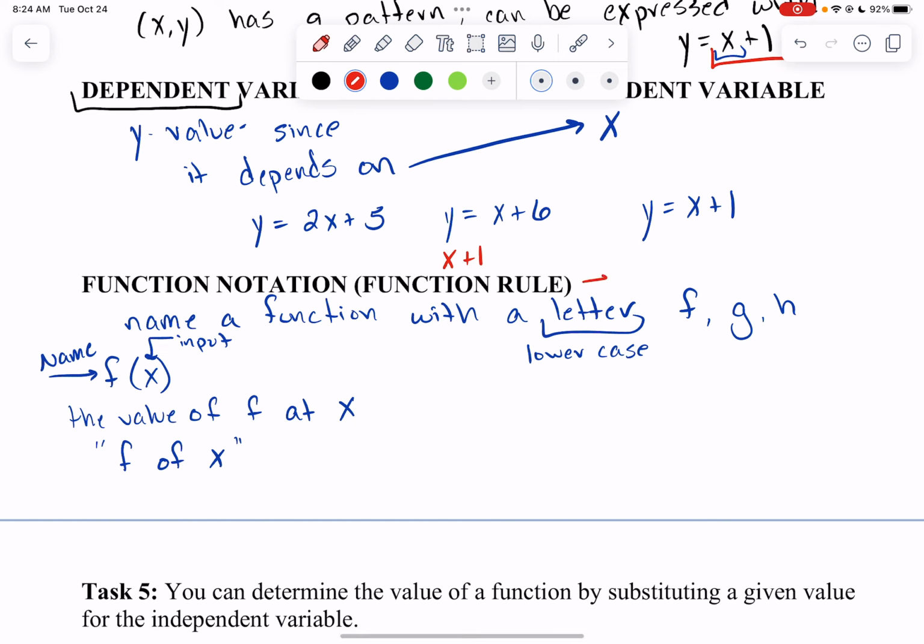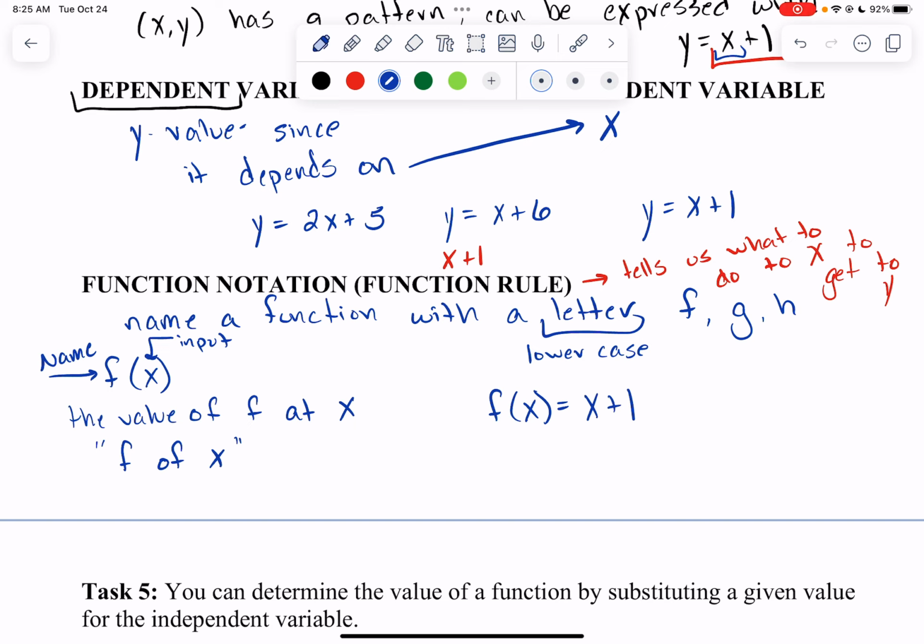The function rule tells us what to do to x to get to y. What do I do to my input to get to my output? In this case, my function rule is x plus 1, and we're going to name it f. So I would say f of x equals x plus 1.